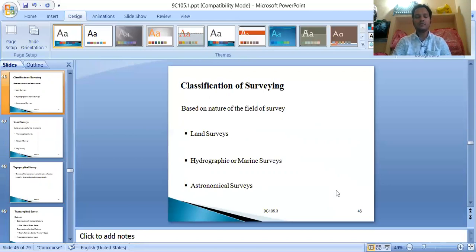Land survey includes measurement of horizontal distances, vertical distances, angles of different civil engineering structures. Hydrographic or marine survey refers to the surveys undertaken in the sea or on the sea. Astronomical refers to the survey of sky.